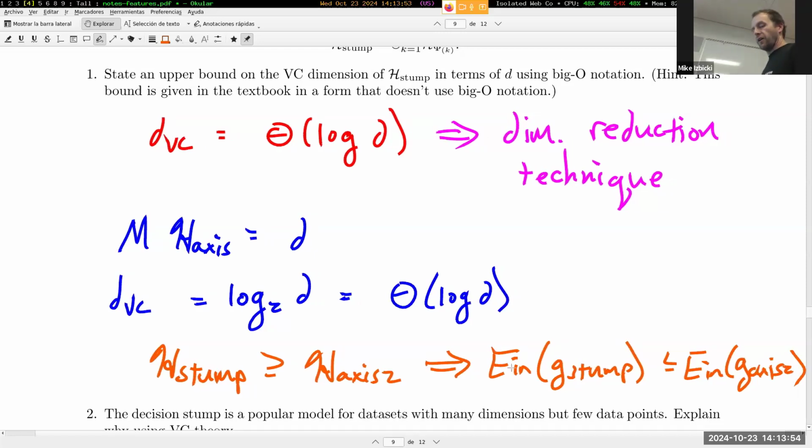So we're guaranteed to have our in-sample error be at least as good. And for our generalization results, we have the same VC dimension up to constant factors. So we're basically going to get the same generalization. So the decision stumps are strictly better than our H-axis, H-axis 2 finite classifiers.